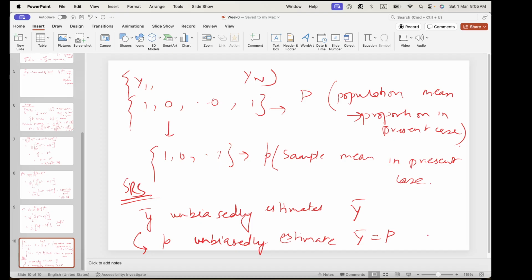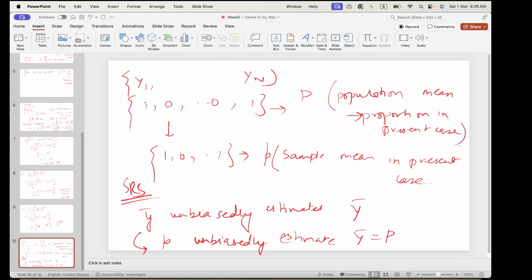Typically what we do, we check the standard error, and that would be the estimated variance of the estimator, and the square root of that would be the standard error.